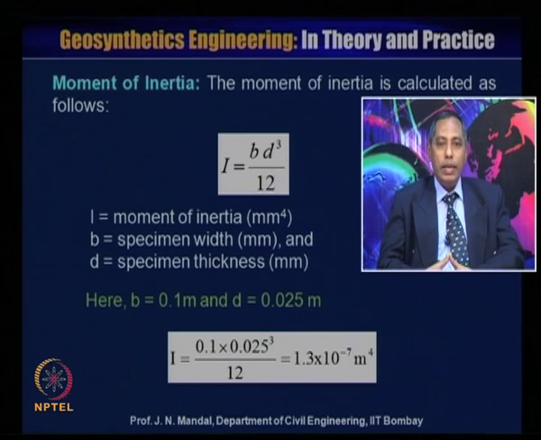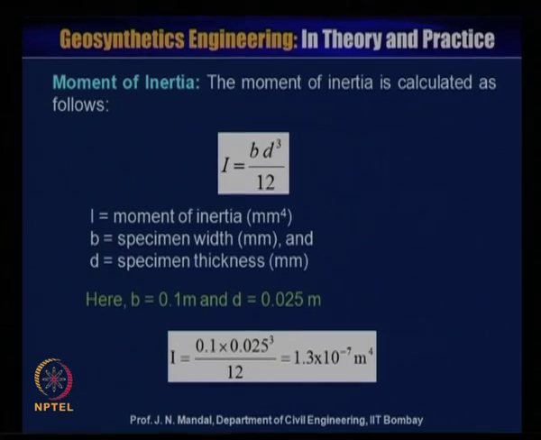So I, the moment of inertia, is B, 0.1, times d, 0.025, to the power 3, divided by 12, which gives the moment of inertia value 1.3 into 10 to the power minus 7 meter to the power 4. So, you can calculate the moment of inertia of the expanded polystyrene geofoam.